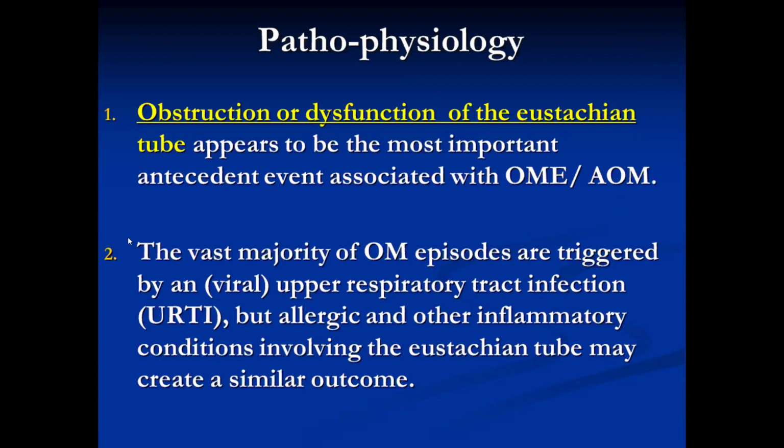Nitrogen gets absorbed, then oxygen. With absorption of gases, you have a closed cavity that becomes negative in pressure. So no longer is the middle ear equalizing the pressure on either side of the eardrum, but the middle ear now becomes a negative environment in terms of pressure compared to the outside.